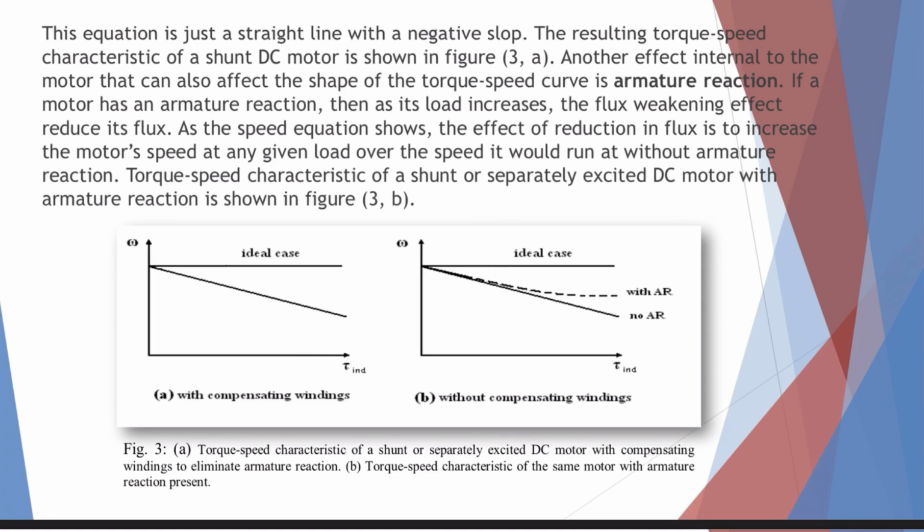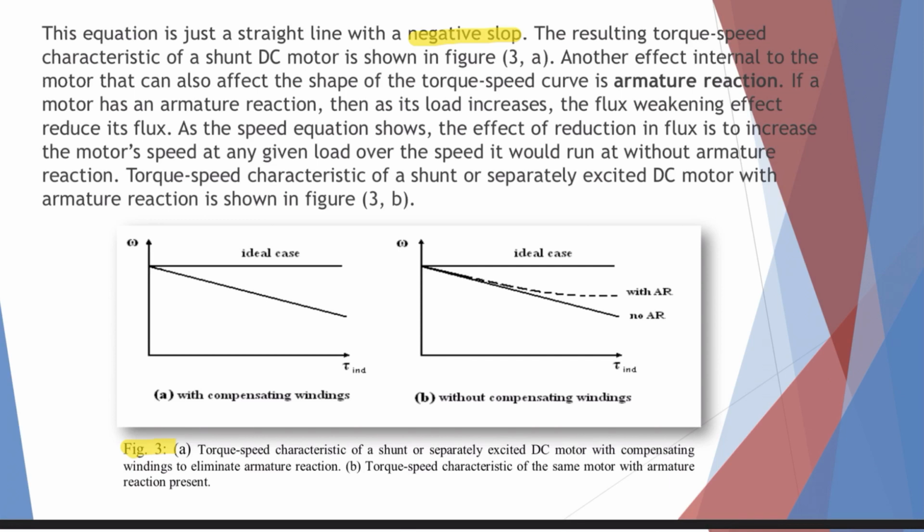Now, this equation is just a straight line with a negative slope. The resulting torque-speed characteristic of a shunt DC motor is shown in figure 3A.